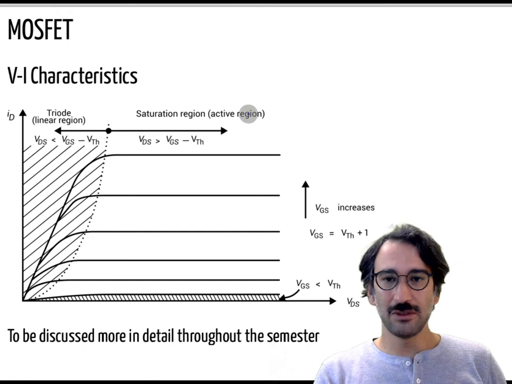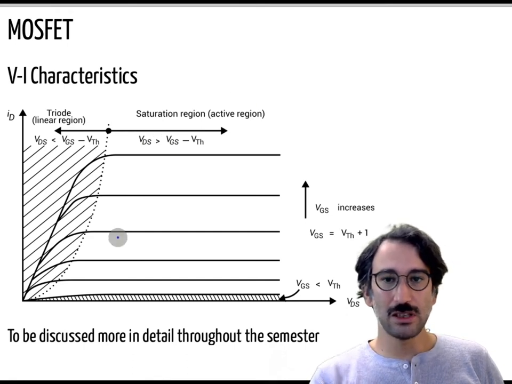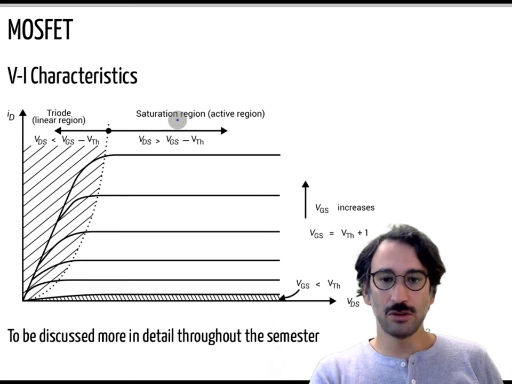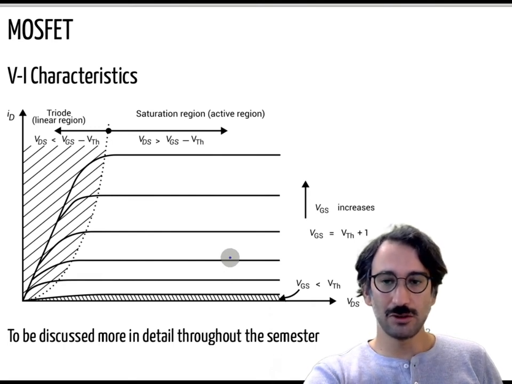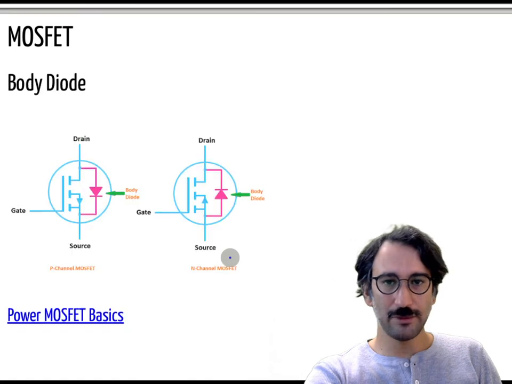Most of the time we are using the MOSFETs in the saturation region, just as a switch, to turn on or turn off our current. We will discuss more on MOSFETs in the DC-DC converters through the semester.